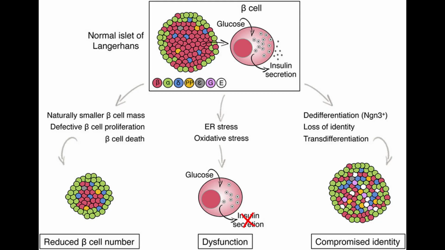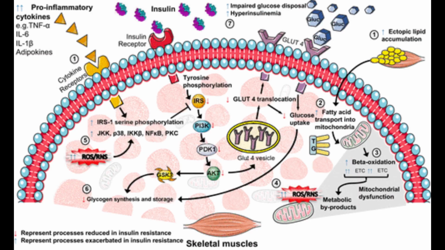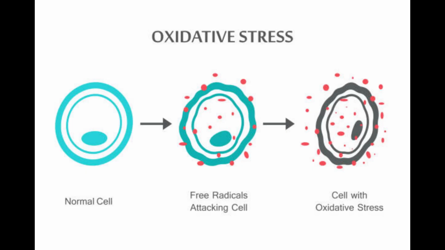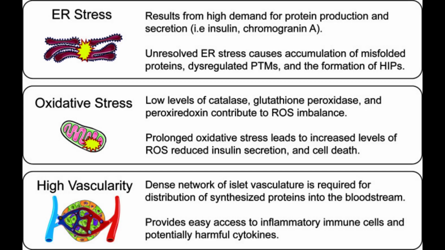However, it is possible for the ER to become damaged or dysfunctional. This could be due to, for instance, inflammation through the release of toxic cytokines or oxidative stress, which I will go into later. In type 1 diabetes, this kind of damage is very common.